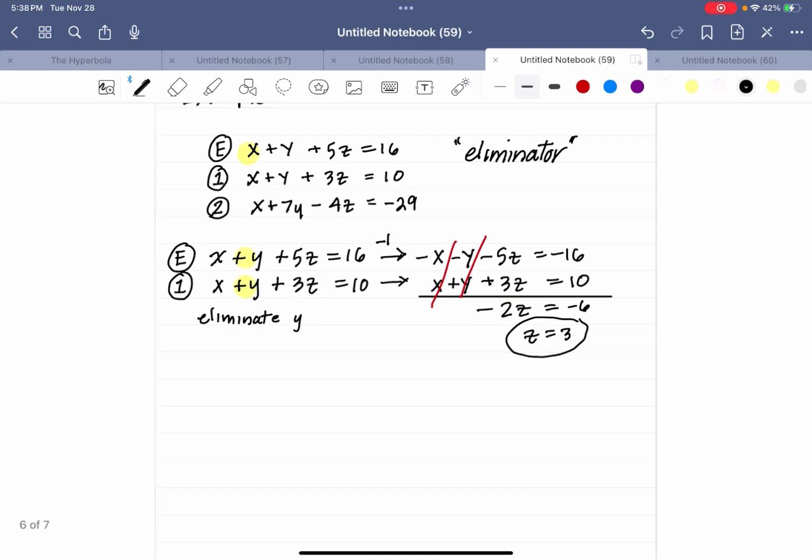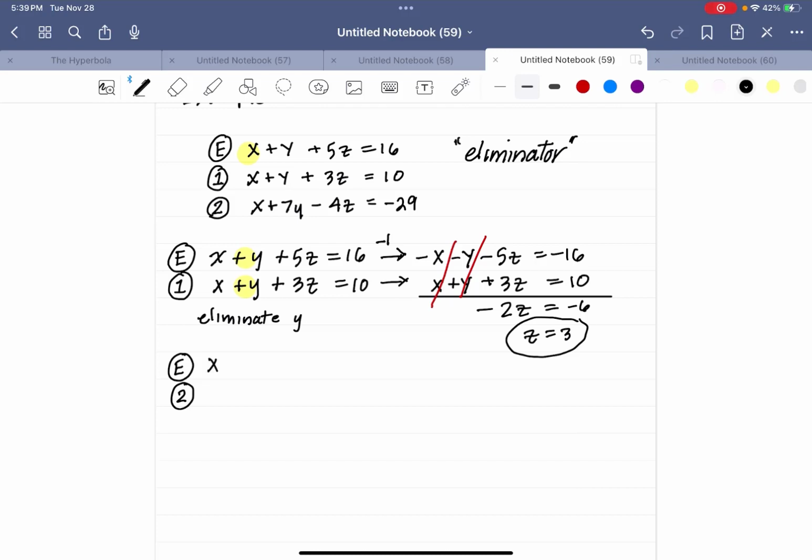So now I know z is 3. I could do E with 2, and I'll go ahead and do it that way. Another option is to substitute the z into any two of these and just solve it as a 2 by 2. But I'll go ahead and do it pretending that I didn't get just z is 3, and you'll see again in the next example why I'm doing this.